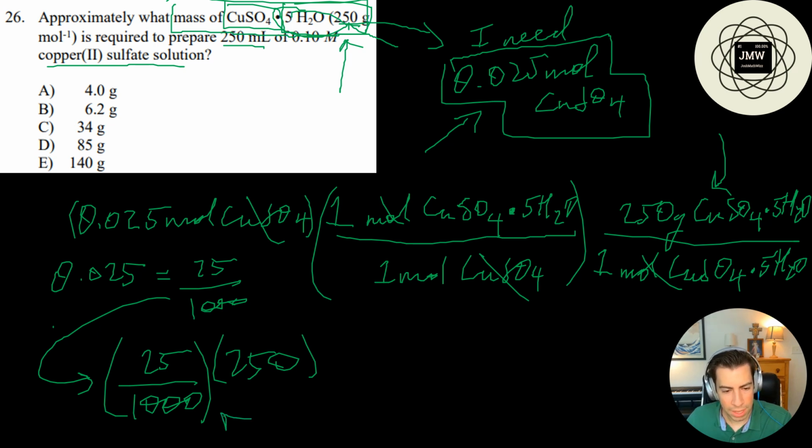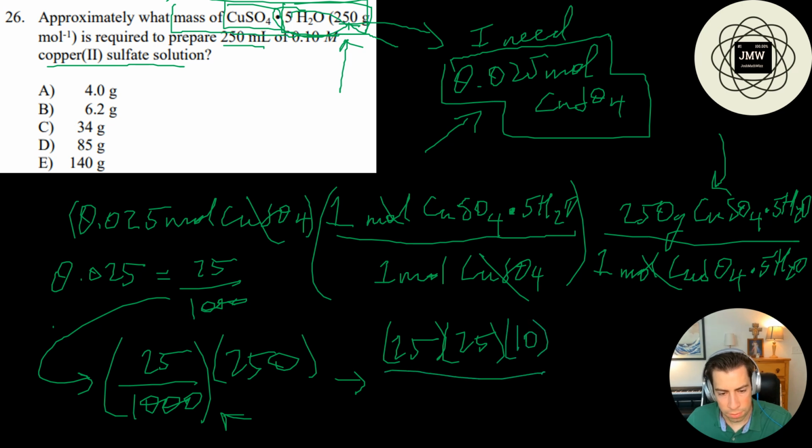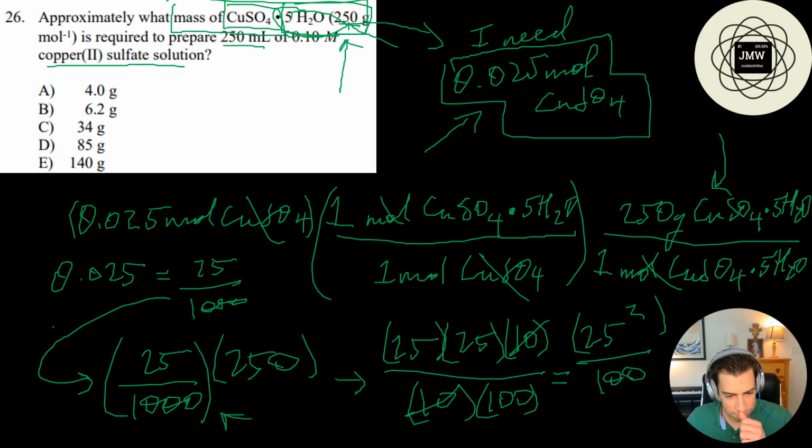I know that 1,000 is 10 times 100, so I can rewrite this as 25 times 25 times 10 divided by 10 times 100. My 10s are going to cancel. I will have 25 squared divided by 100. Let's see if I can simplify it using any other tricks here.